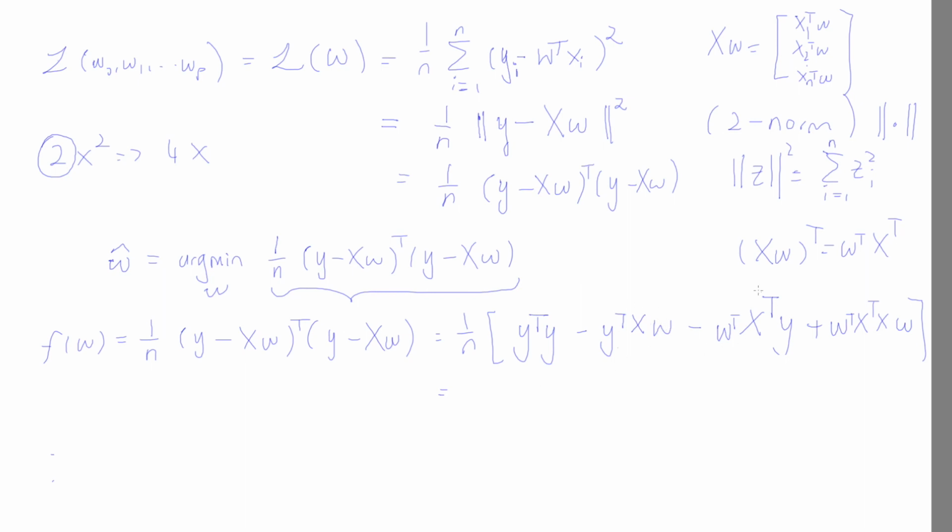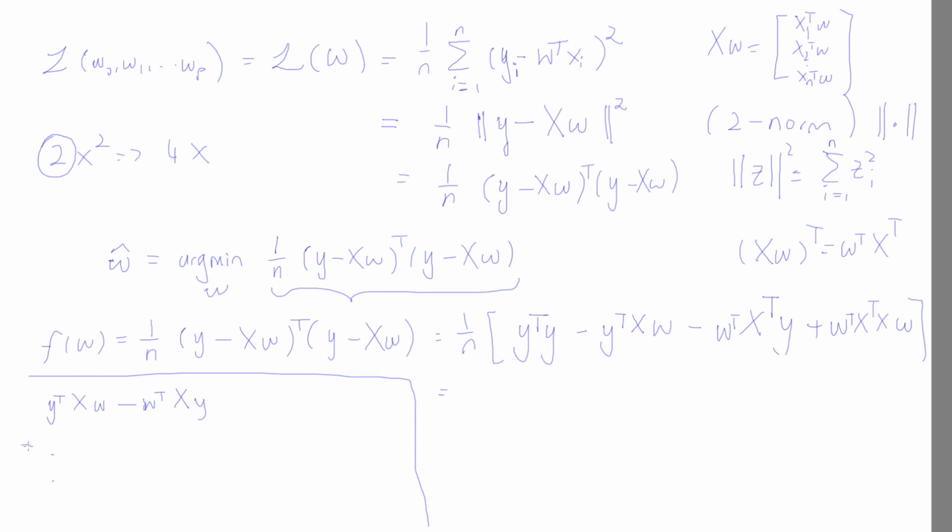Now let me simplify this a little bit. If you look at these two values, y transpose Xw and minus w transpose X transpose y, let's put a square around them so we don't confuse things.